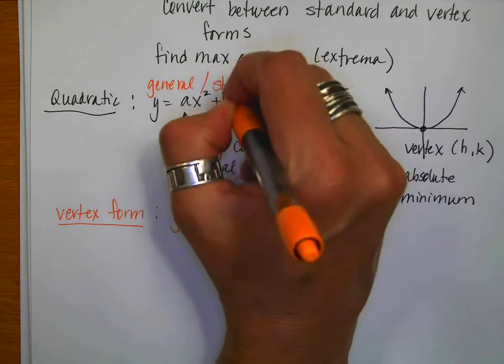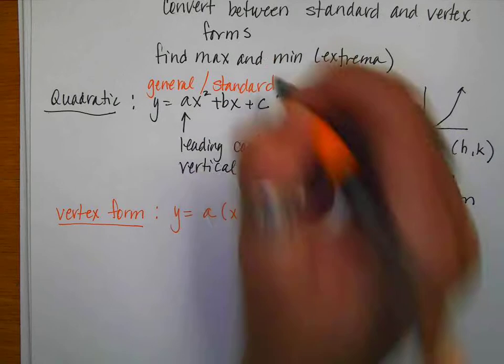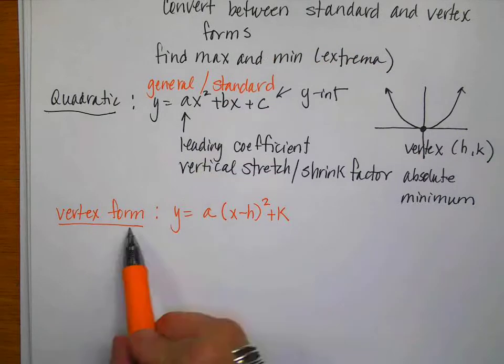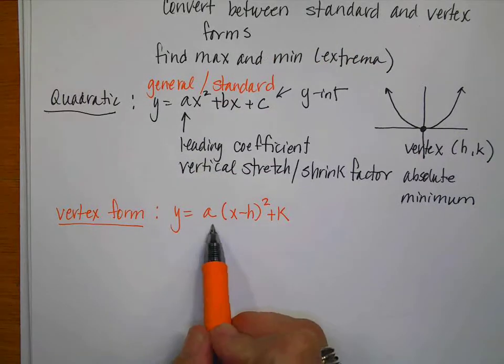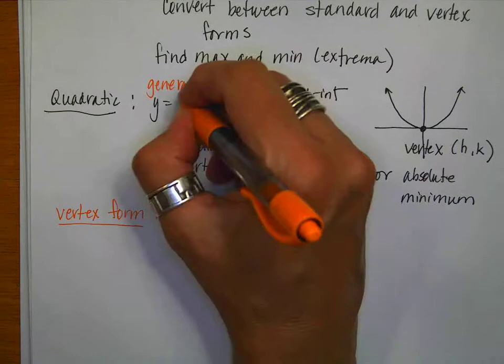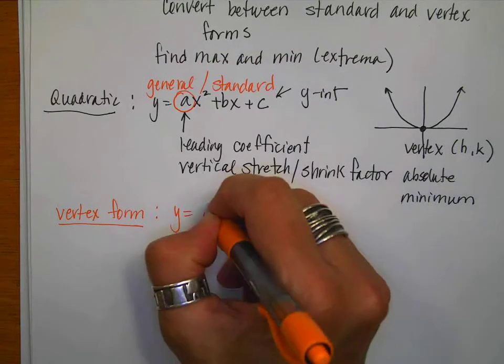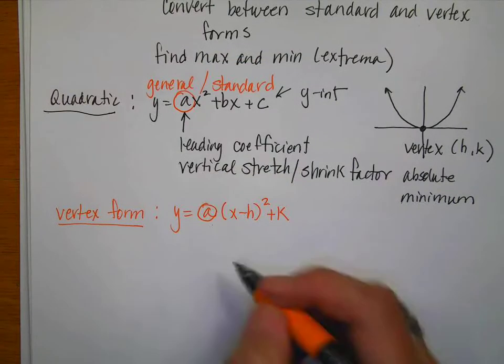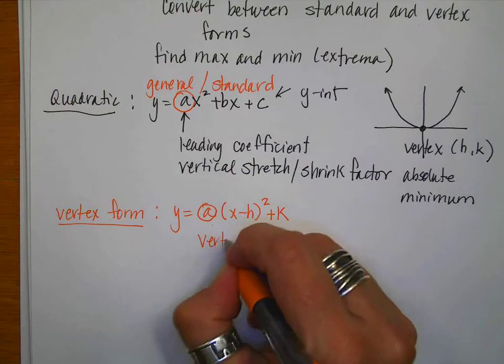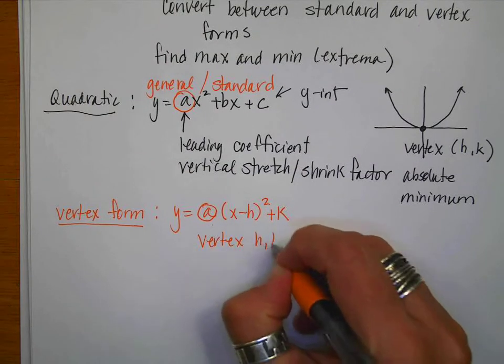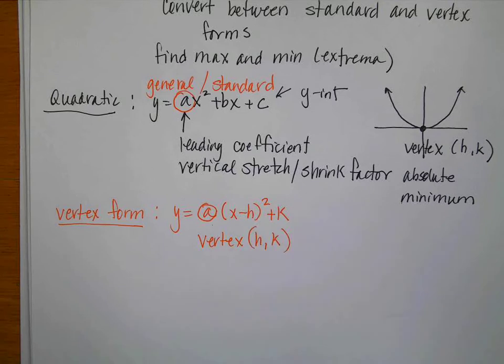Sometimes it's called standard form. Vertex form is glorious for graphing. Notice that the a in general form is the same a. And now in this form, our vertex is going to be (h, k). So it makes graphing the parabola significantly easier.